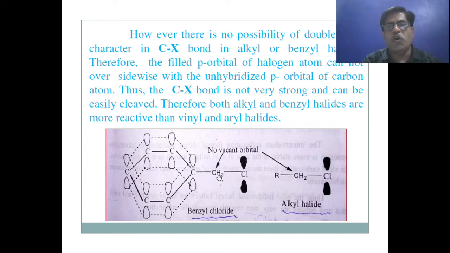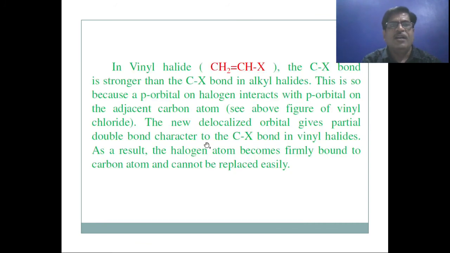Here there is no vacant orbital, so a CX double bond is not possible. Also in alkyl halide there is no vacant orbital, so a double bond is not possible. So in benzyl chloride and alkyl halide, no double bond. In vinyl halide, CH2=CHX, the CX bond is stronger than the CX bond in alkyl halide.